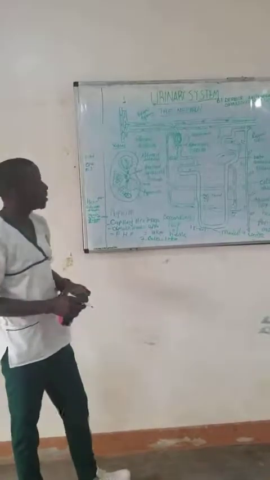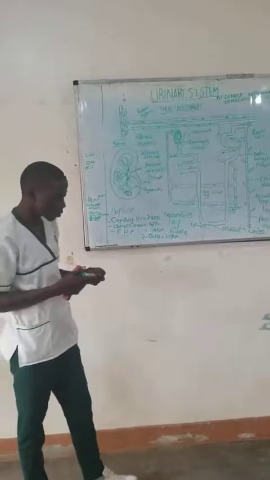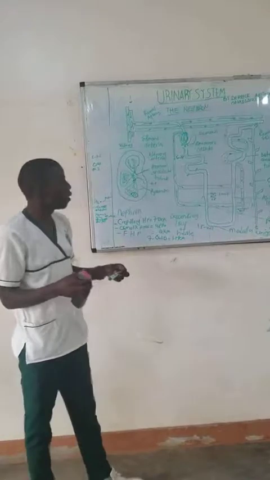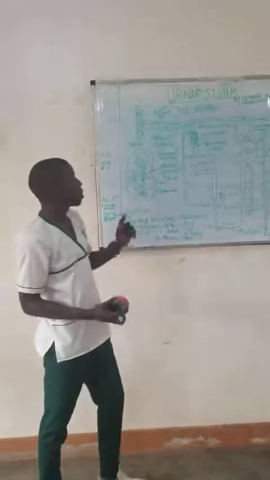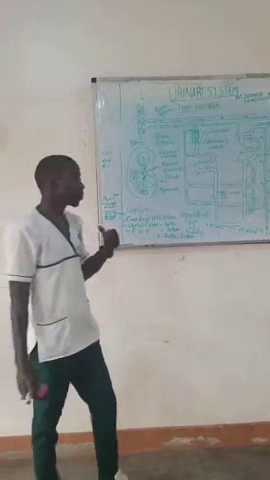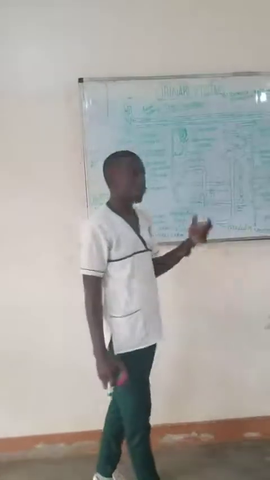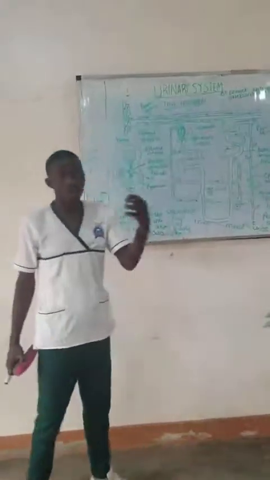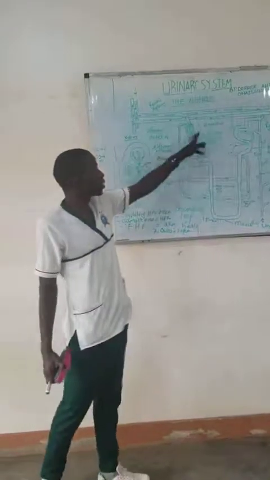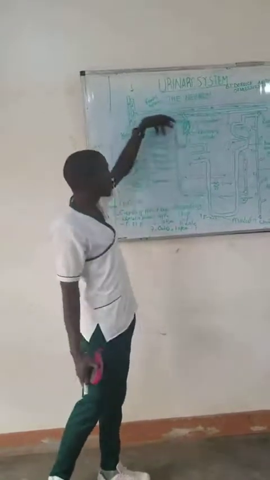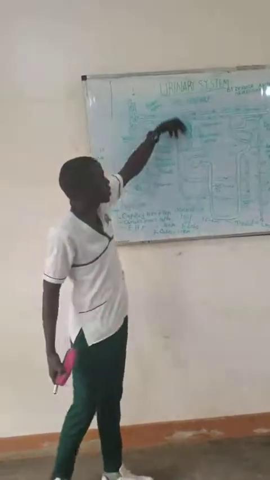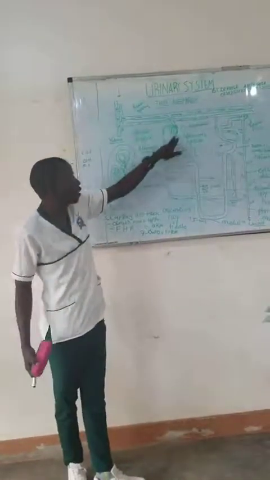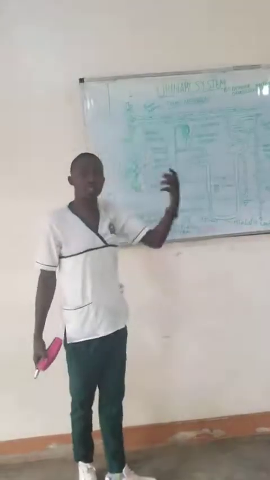So that's why it is easy to make a diagnosis from urine of signs of some urinary tract infections. Why? For example, we have a condition called glomerulonephritis. Glomerulonephritis is a condition that develops due to inflammation of the glomerulus. Once the glomerulus is inflamed, it gives space for other substances which were impermeable, such as proteins, to pass through the glomerulus.